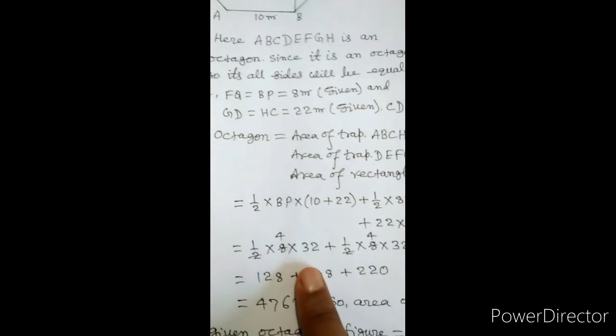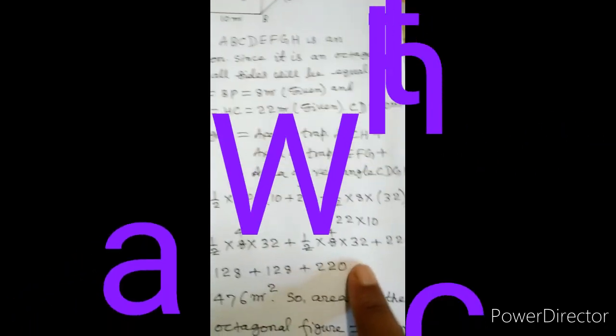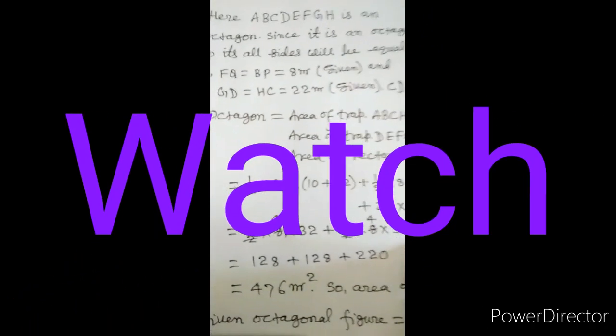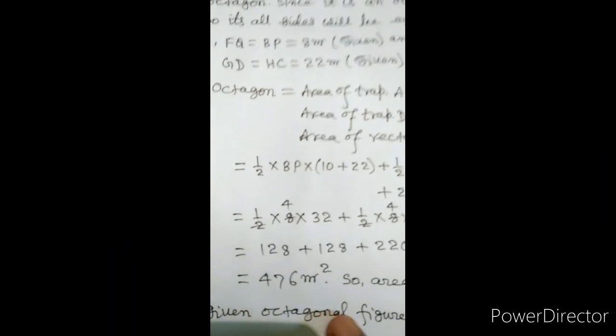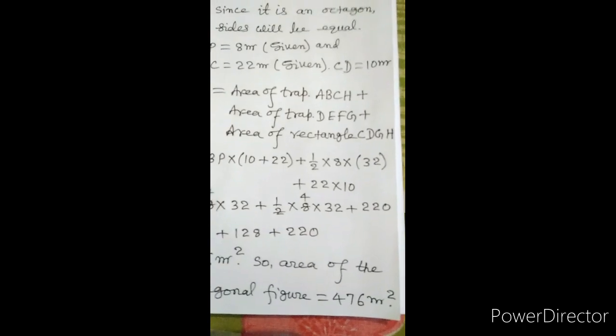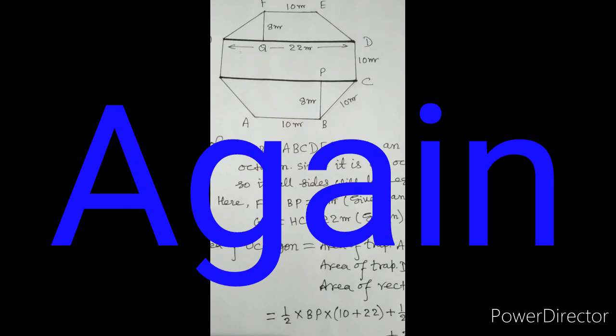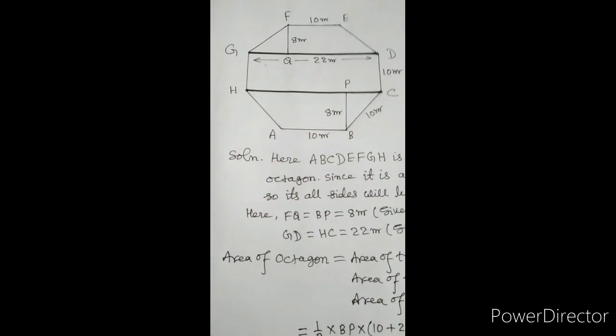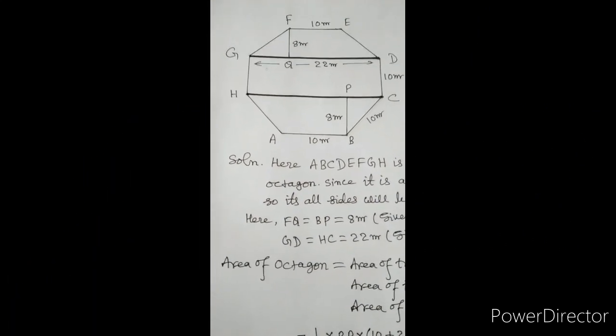In this way, I calculate it, and area is obtained, that is 476 meter square. So, area of the given octagonal figure is equal to 476 meter square. In this way we find area of any polygon. That's all. Thank you very much.